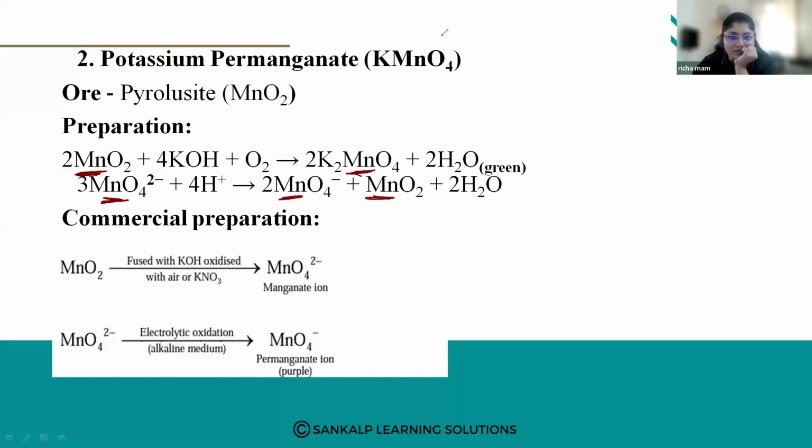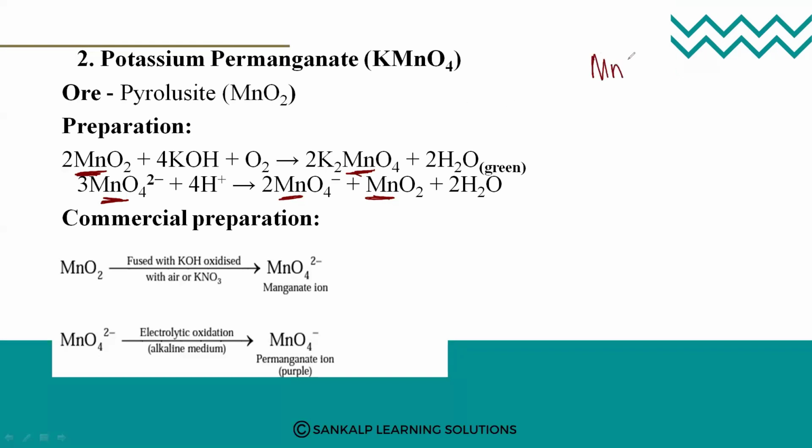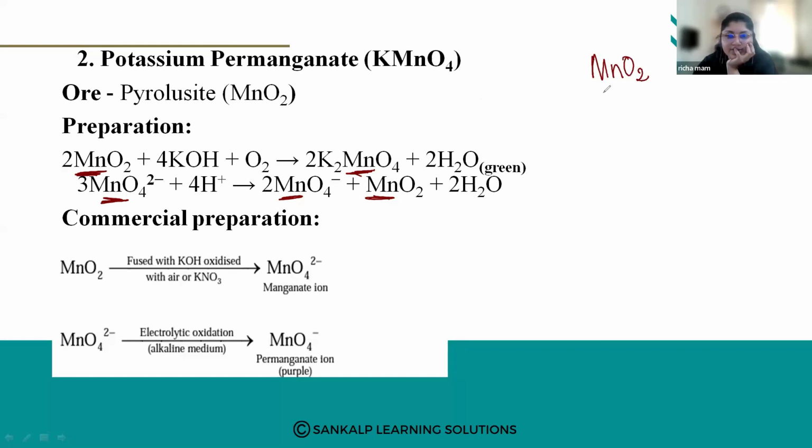Yes, +2 for what? For Mn, ma'am. No, which Mn? MnO2, ma'am. Okay, MnO2. Don't consider the 2, it is a stoichiometric ratio. We'll consider only MnO2. K2MnO4 is +4, ma'am. Okay, this you told +2.